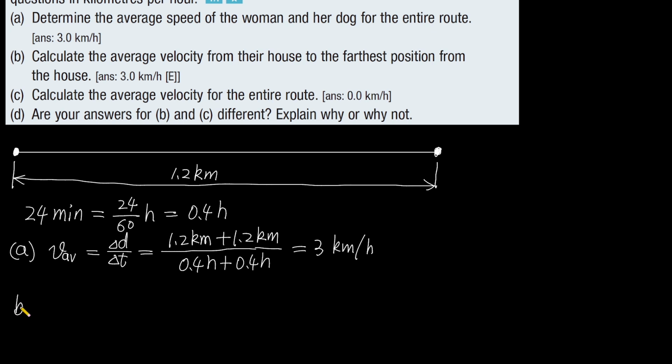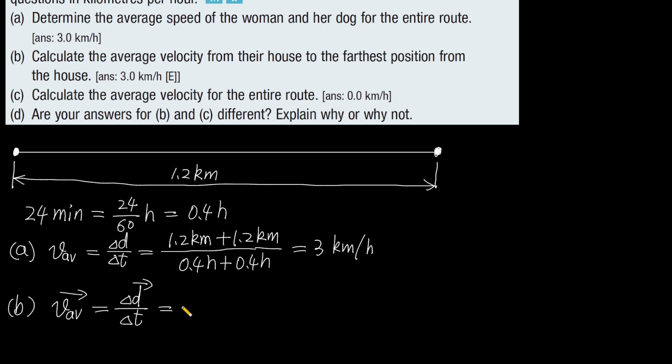Now, question B. Calculate the average velocity from the house to the farthest position from the house. So use the formula. The average velocity equals the displacement delta d divided by the time interval delta t.